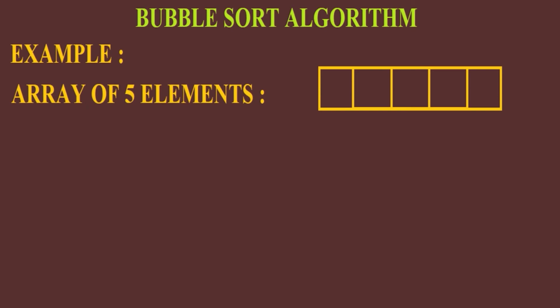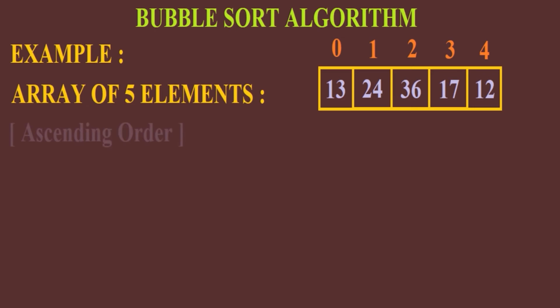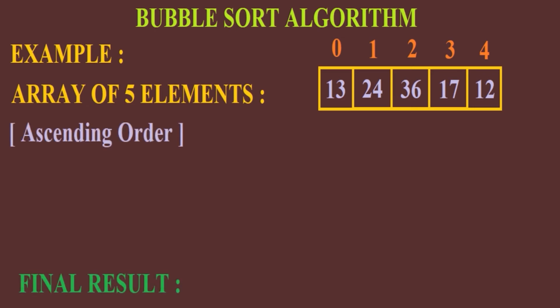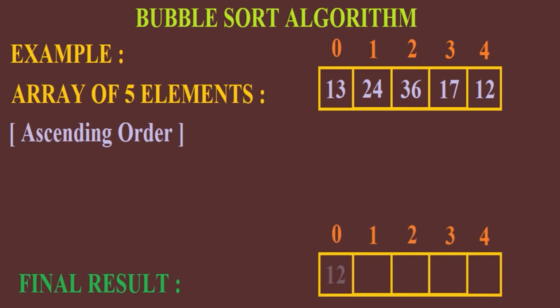The elements are 13, 24, 36, 17 and 12. Then their index numbers will be 0, 1, 2, 3 and 4. We will be arranging this array in ascending order. So the final result after bubble sort will be the following array: 12, 13, 17, 24 and 36.